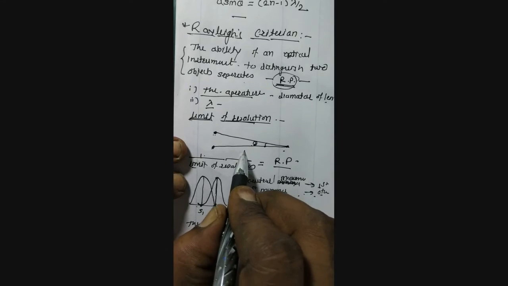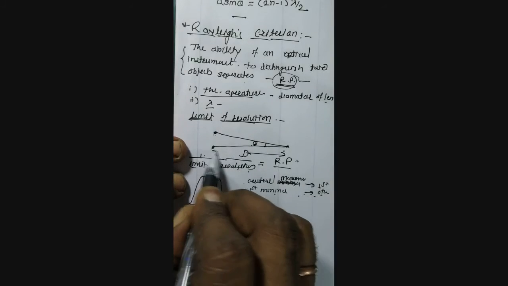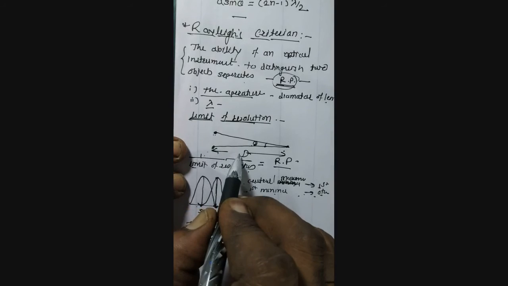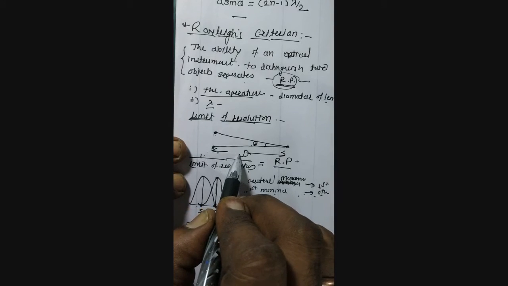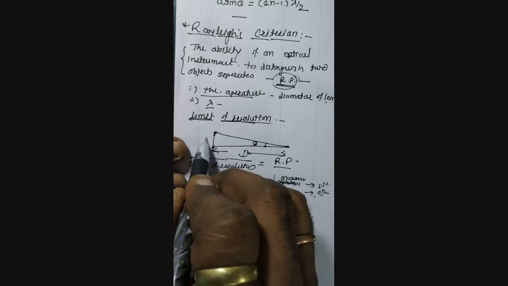Suppose this distance is d, the distance between these two sources. Then d theta can be written as d into lambda divided by a. Using this formula, limit of resolution can be determined.